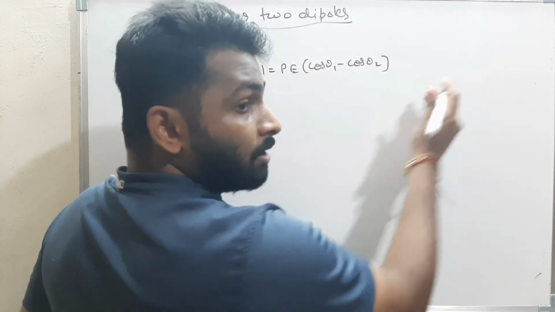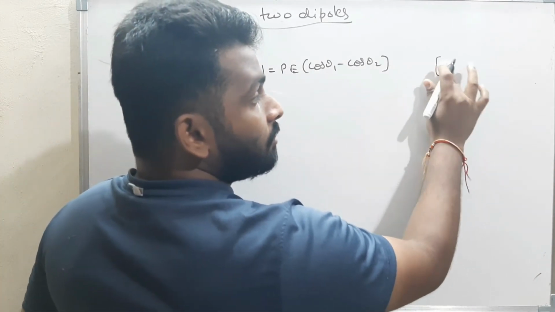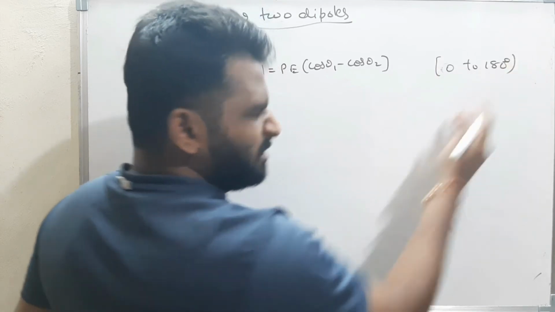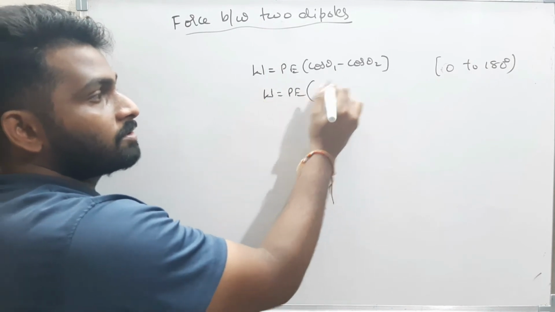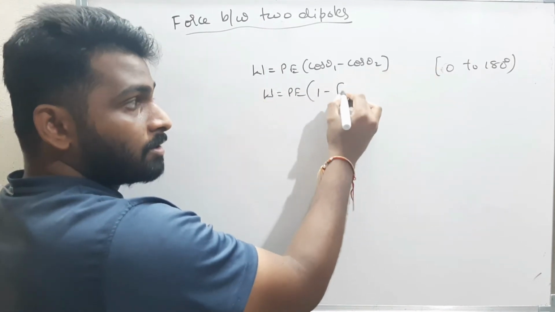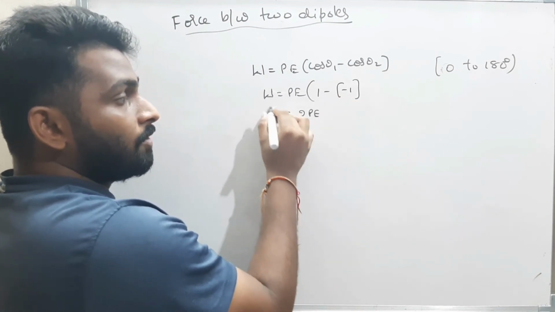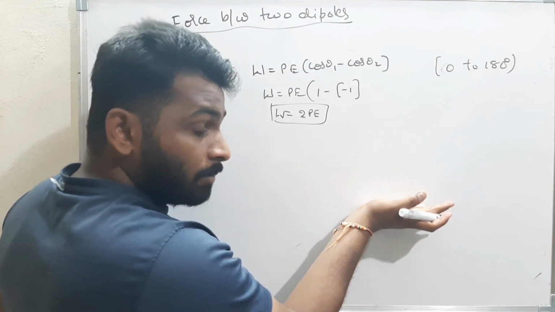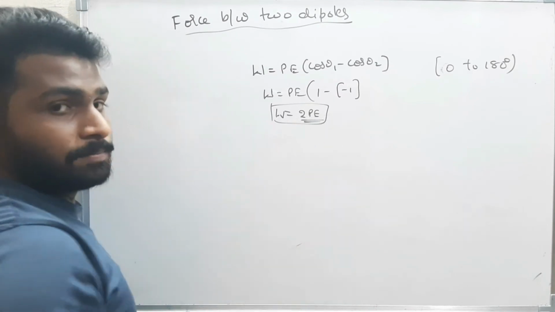When I rotate the dipole from 0 to 180 degrees, what is the work done? The work done we got as PE, cos 0 is 1, minus of minus 1. Therefore, work done is 2PE. Therefore, if I want to rotate the dipole from 0 to 180 degrees, the work done is 2PE.